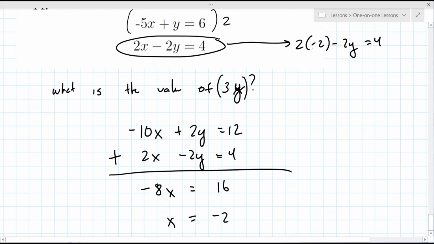This is -4. So when I add it to this side, it's -2y equals 8. That means y is equal to -4, but that's not what I want. I want 3y. So 3 times y is 3 times -4, which is -12.